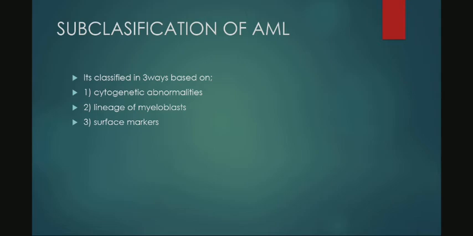you will be classifying AML by saying, is it a defect with the erythroblast? And this will be acute erythroblastic leukemia. Is this AML where we have an issue with the blast cells, specifically the monoblast?